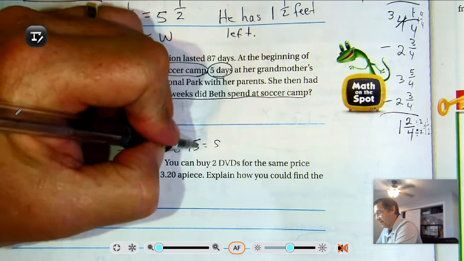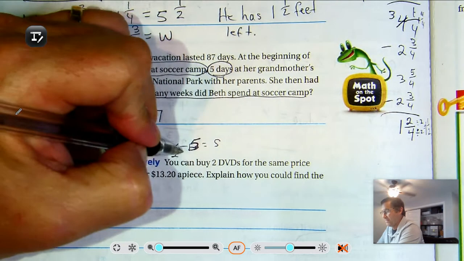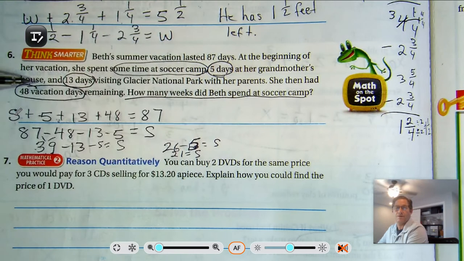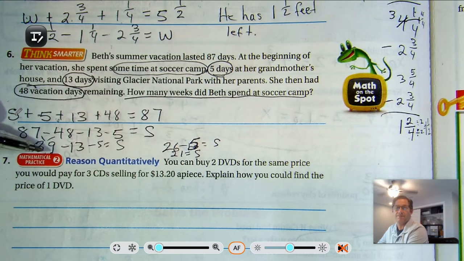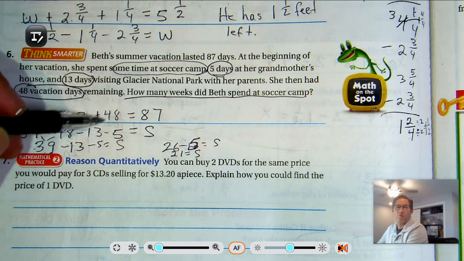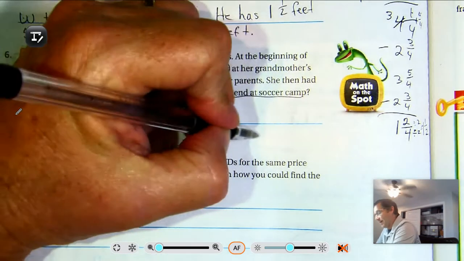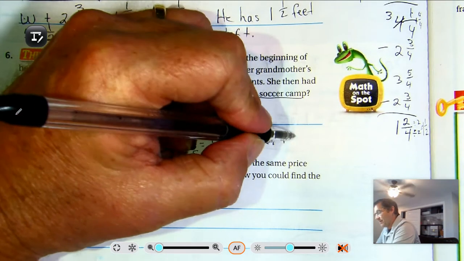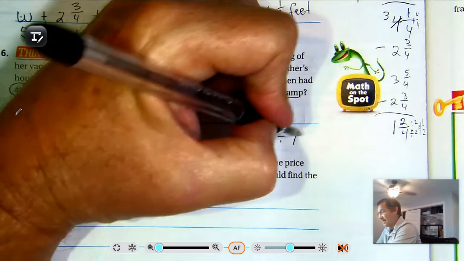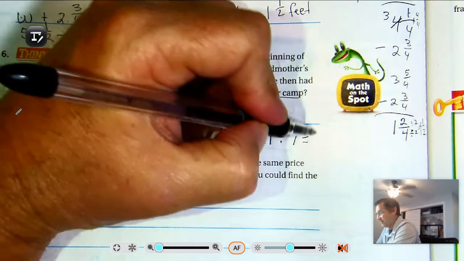Sorry, 26 minus 5. And 26 minus 5 equals the amount of time left. So now it wants to know how many weeks. So she spent 21 days. So I have to take 21 days and divide by 7. 21 divided by 7 is just 3.